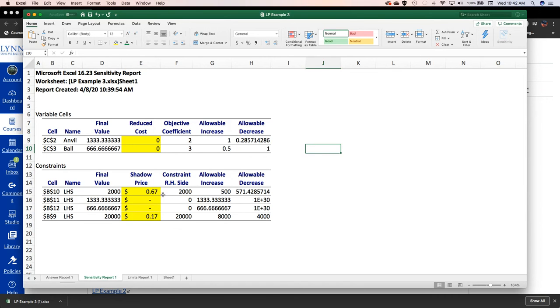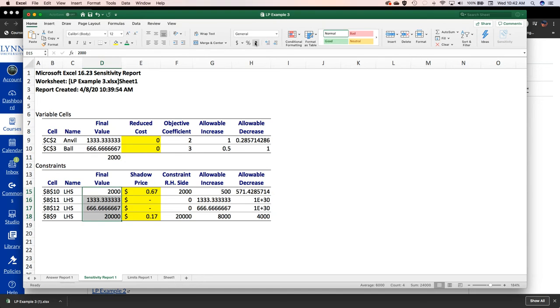In other words, if demand was higher, then we could sell more toys, and therefore we would have a higher result. I'm going to come here and double check myself and make sure that my final value actually does add up to 2,000, so that I know the final value of what I sell is going to be equal to the left-hand side of the equation. Okay.